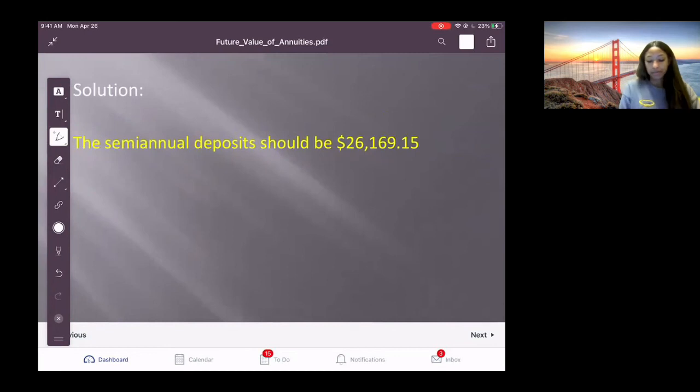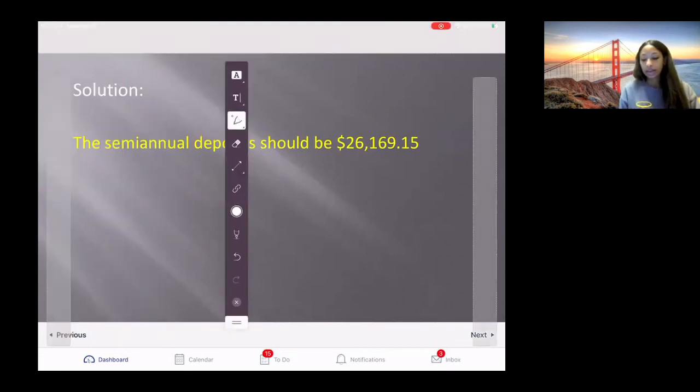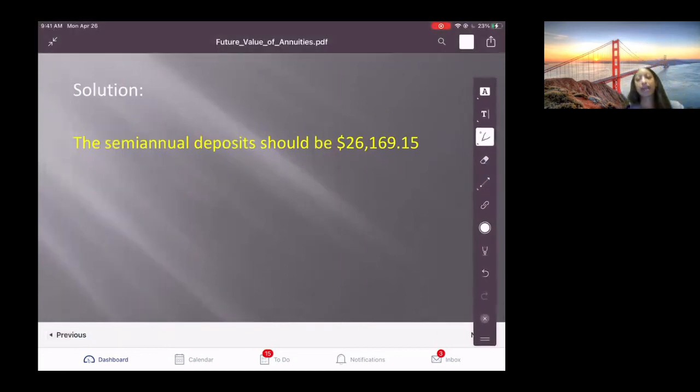All right. Now, last little thing, so I can convince you that this was a good idea for the municipalities to put the money into this account. So if we make payments of $26,169.15, for how many periods are we doing this?